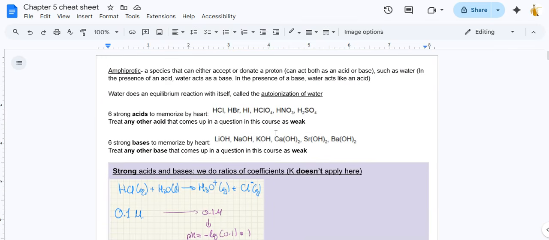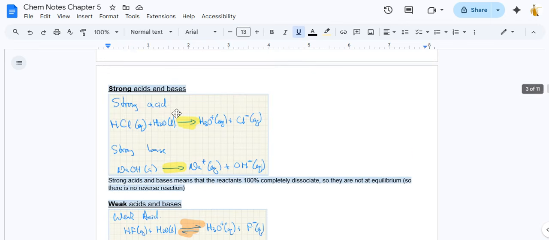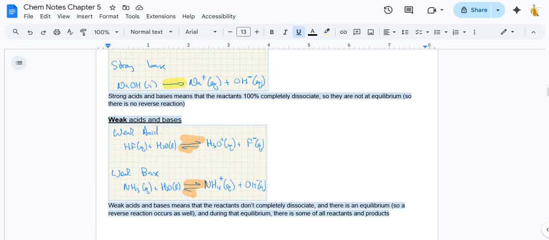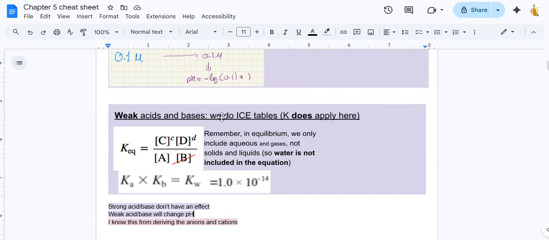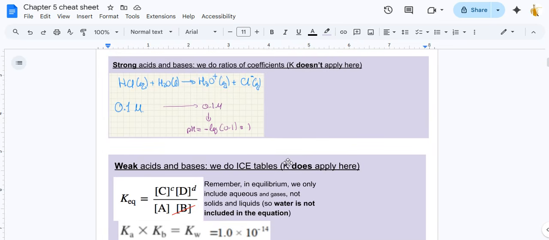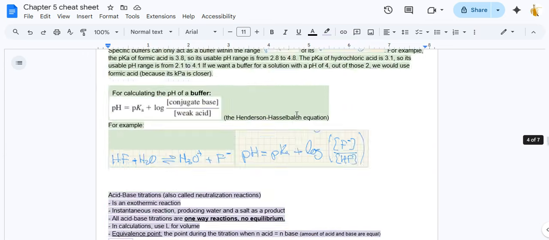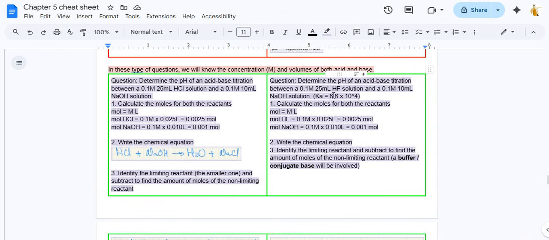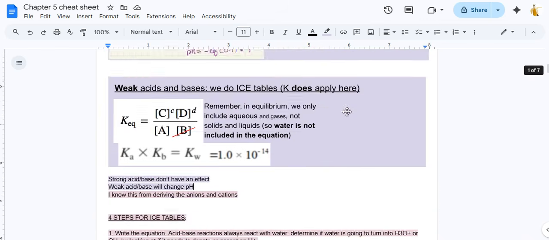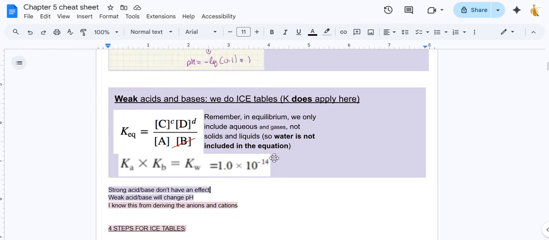And we know that one way to know that is from the equilibrium, if it's a one-way direction or equilibrium reaction. And another way is in weak acid questions, K will be given, like in this question, K will be given. So we know it's a weak acid or base.